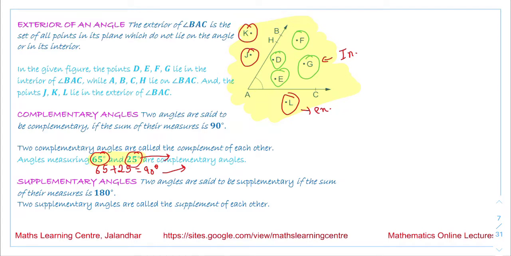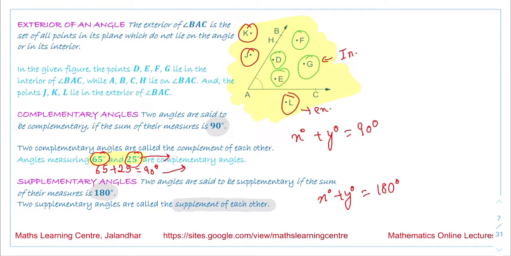Similarly, if the sum of the angles is 180 degrees, then the angles are called supplementary angles. Two supplementary angles are also called the supplement of each other. So when the angles are complementary, the measure of x plus the measure of y is 90 degrees, and they are supplementary if x plus y is 180 degrees.